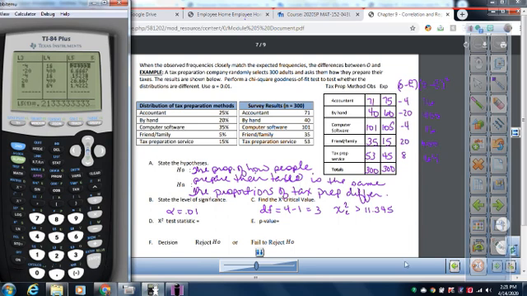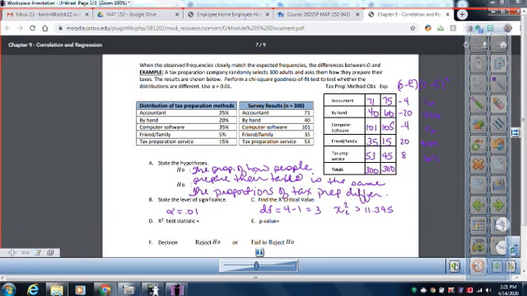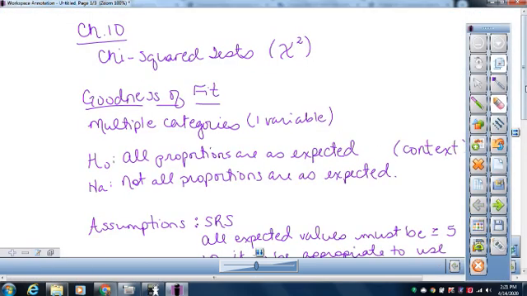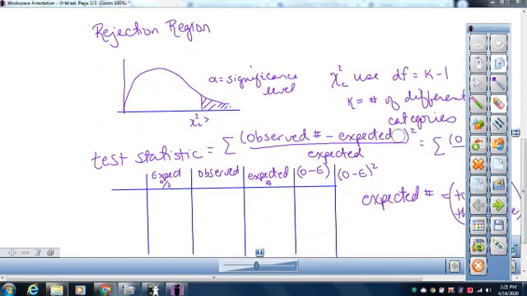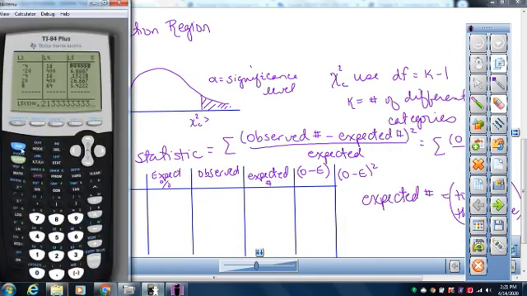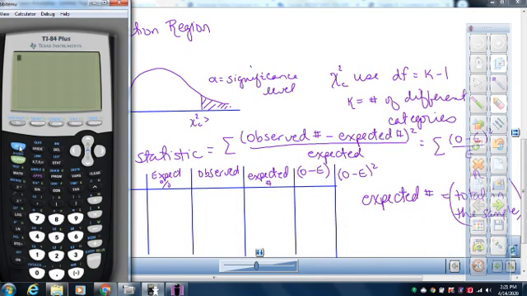So what I just did was had the calculator do the observed minus expected squared and then divide it by expected. And then I need to add all that up. So to add, you're going to do second, stat, math, 5, and that was an L5. So 35.1213.